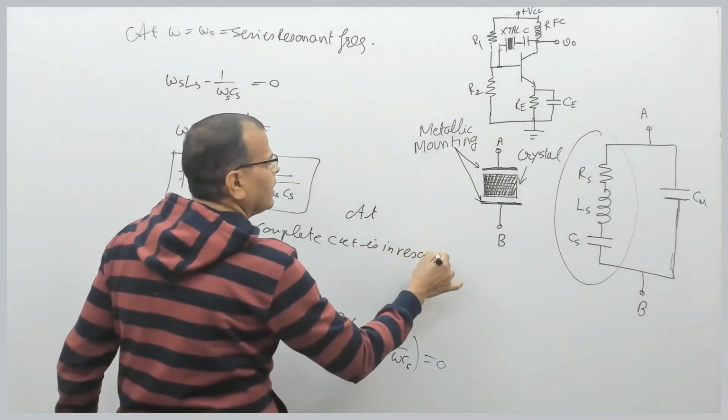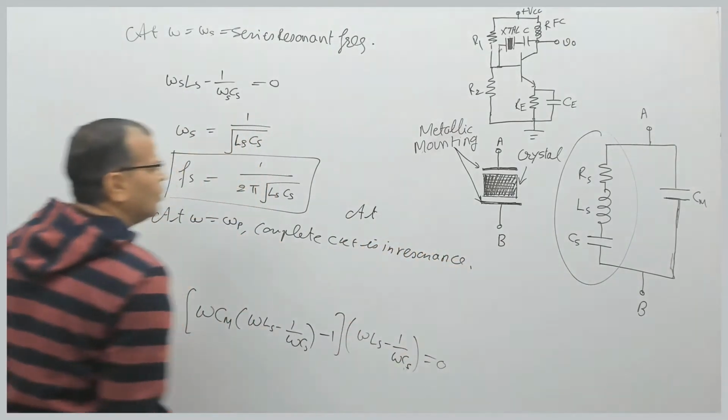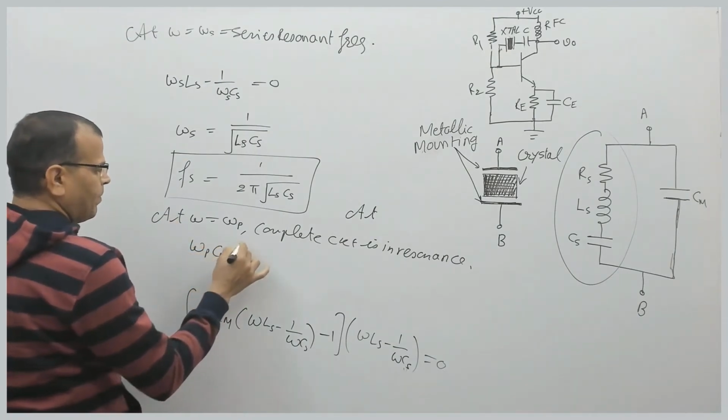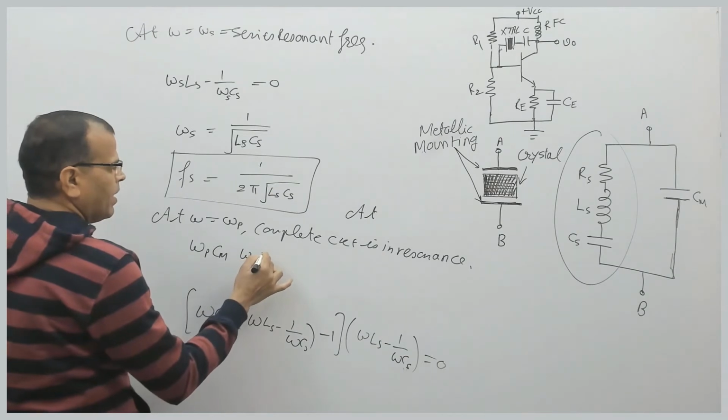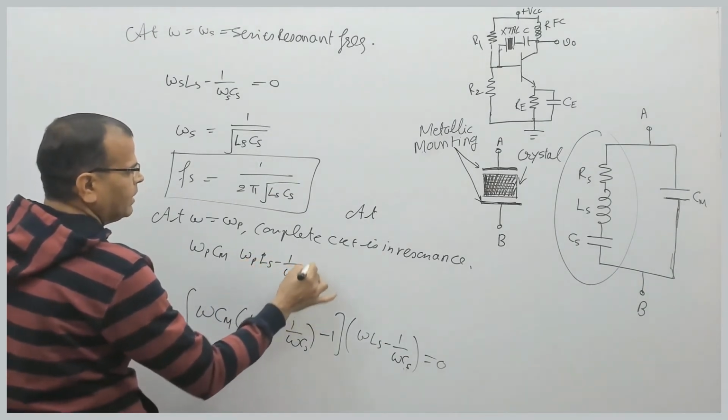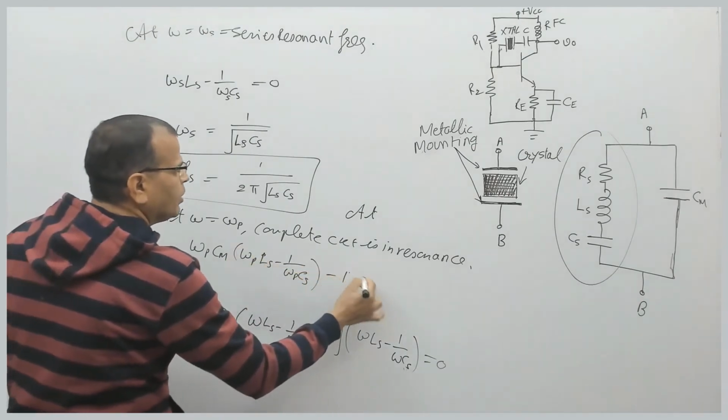In that case, omega p Cm times omega p Ls minus 1 by omega p Cs, minus 1, is equal to 0.